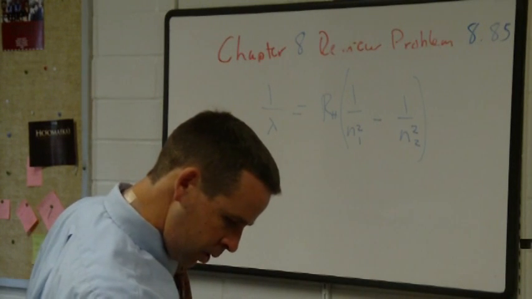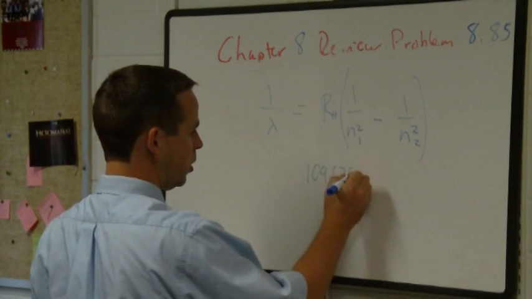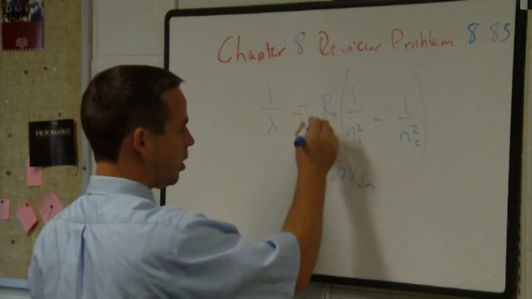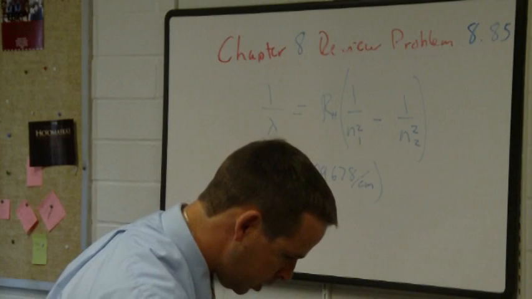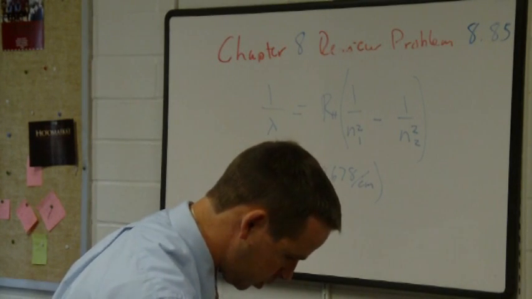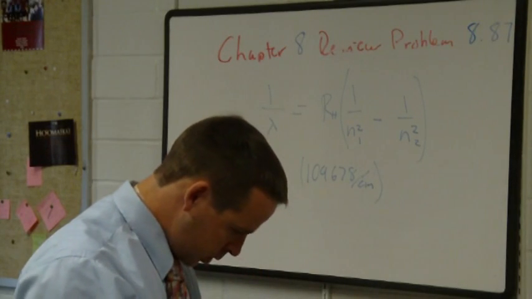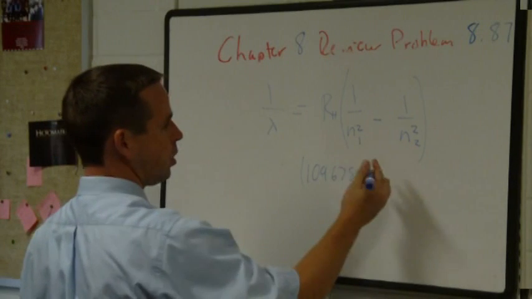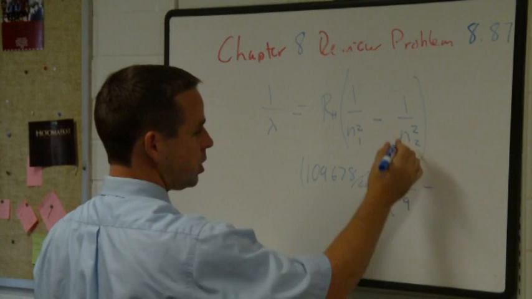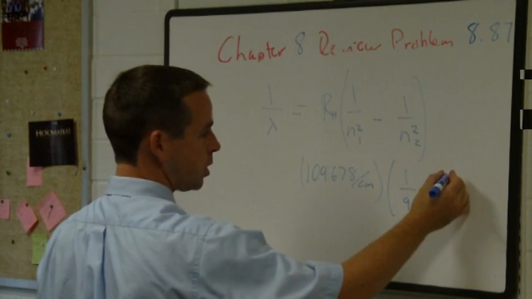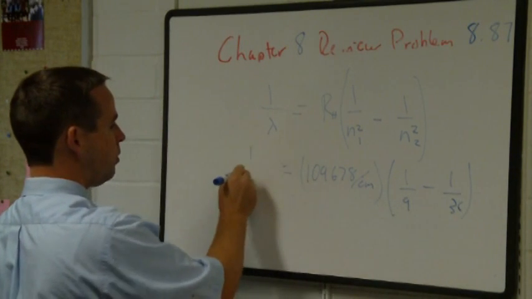All right, the Rydberg constant is 109,678, and that's per centimeter. Oh, sorry, this is not 85 now, this is 87. Our N1 value is 3, and our N2 value is 6. So 1 over 3 squared, which is 9, minus 1 over 6 squared, 36. So, what is the wavelength of the light?